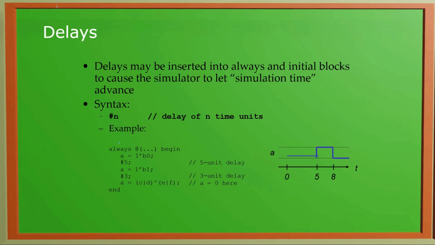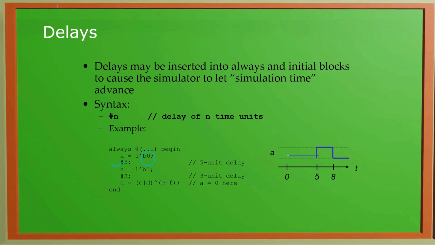Always is also one keyword we will see when we are dealing with the modeling styles. So here there may be some program, say A is defined as 1-bit binary which is having 0. It will start A at the 0 level. After that we are defining a delay of hash 5. That means there will be a 5 unit delay for whatever value of A is there. So initially A is at 0.